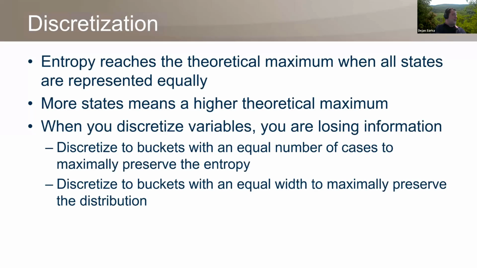Now let's add the third gender. Now the maximal surprise is with 33-33-33. You are surprised in two thirds of cases. And with four genders, you could be maximally surprised in 75% of cases. So more distinct states means more maximal entropy. And when you discretize, you lose some entropy.